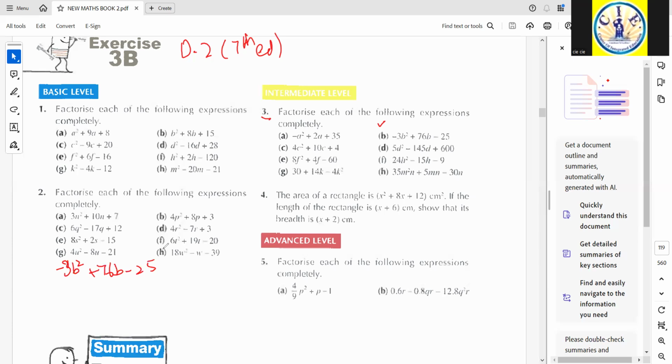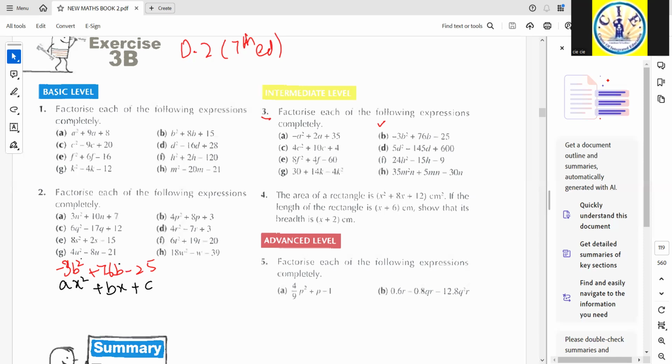Now we need to compare it with the general form of the quadratic equation, that is ax square plus bx plus c. In this case, the variable involved is b. So b square is actually x square and b is just the replica of the variable x.